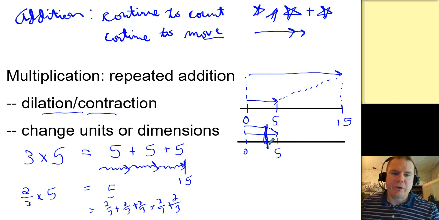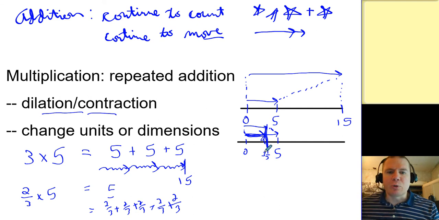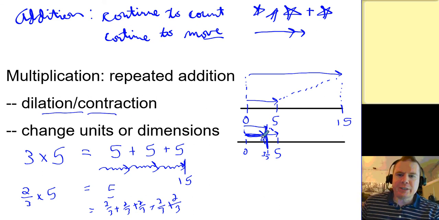And whatever that value is, if I take this 5-foot long stick and cut it into 3 equal pieces, that's going to be the value. Right? And since we haven't talked about fractions just yet, I won't explain why that would be 10/3 or 3 1/3. We'll learn about that in a couple more videos. But the idea is contraction: multiplying by something less than 1 is squeezing it to a smaller version.